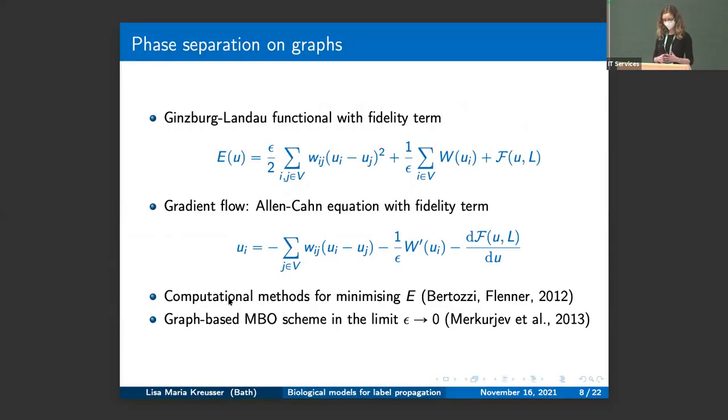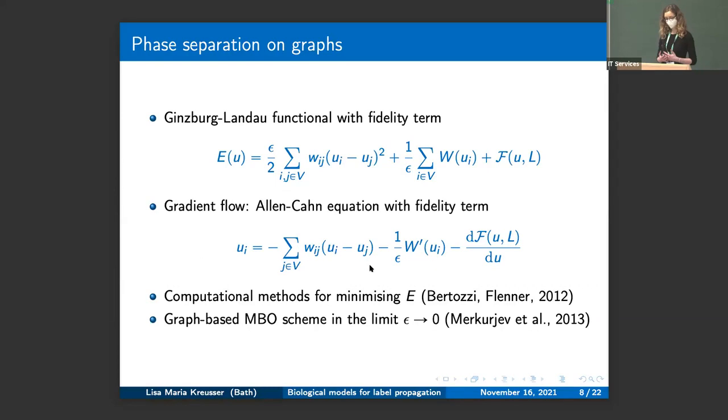Now bringing things together, one might not only look at those first two terms, which we've already discussed before, but one might also add a fidelity term. And then one ends up at a gradient flow structure associated with the Allen-Cahn equation with a fidelity term, which is the equation which is given down here.